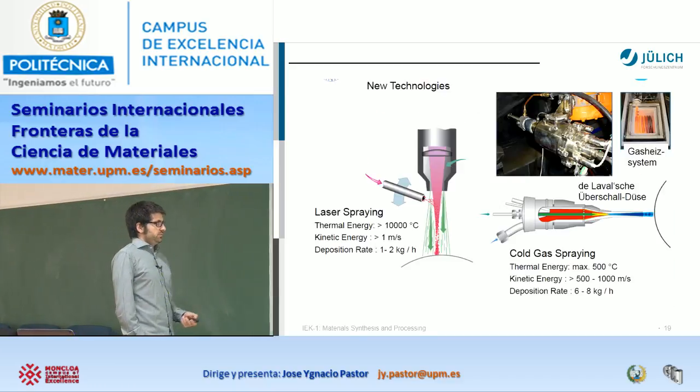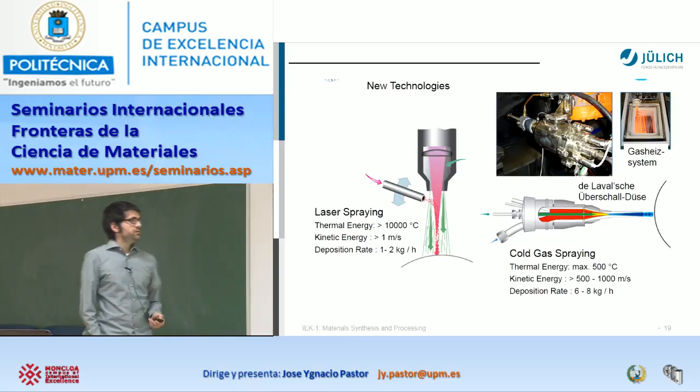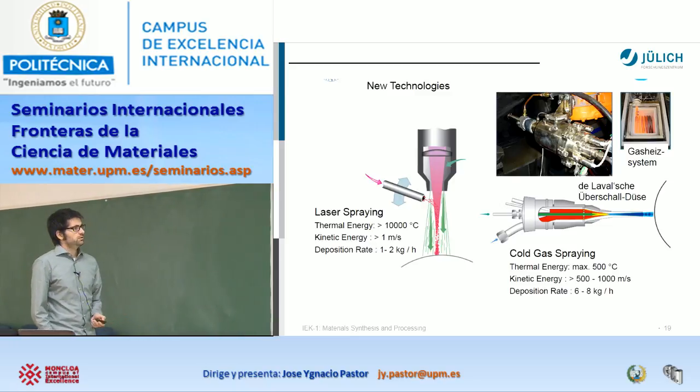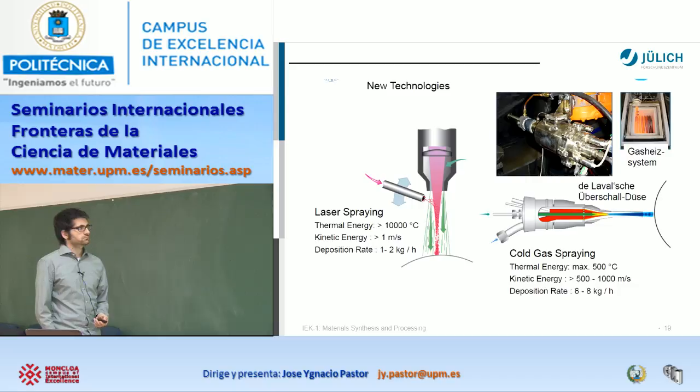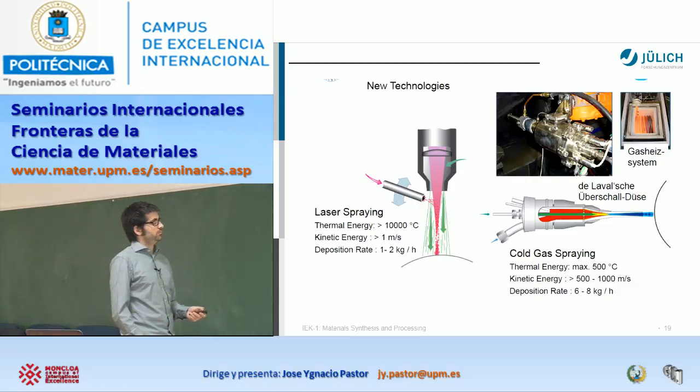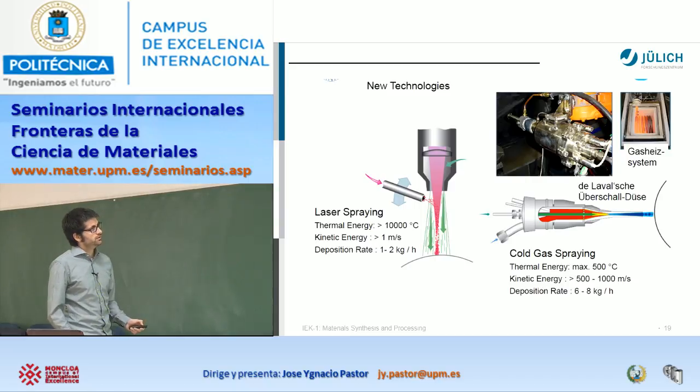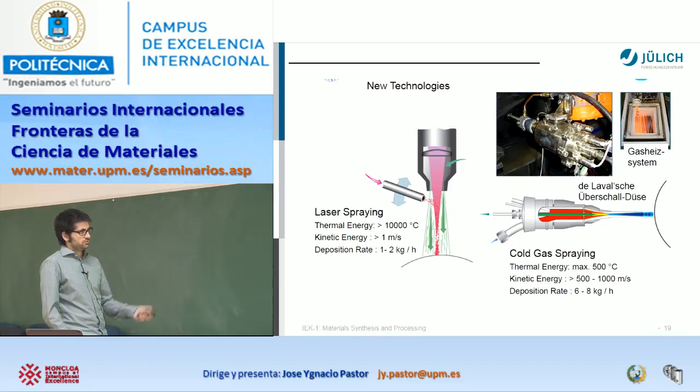Other possibilities based on that, but totally different. This one is mainly done, I think, for welding between ceramic and metal components, by this laser spraying. You have here a source of heat, which in this case is a laser. As you see, the thermal energy is quite high, 10,000, and you melt everything.